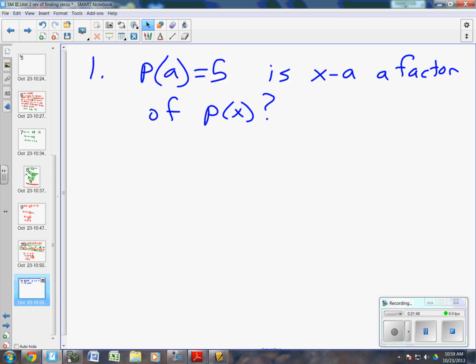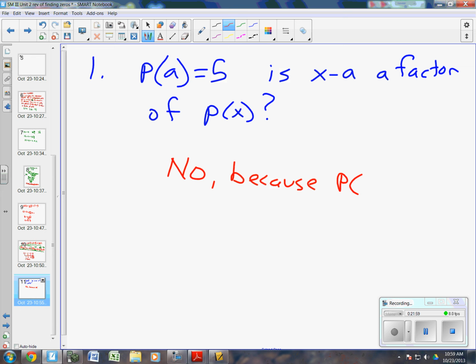And it's not 0. So the answer is no. And then tell the reason why. No, because P of a is not 0. Do we understand that? Okay, go to problem 2.